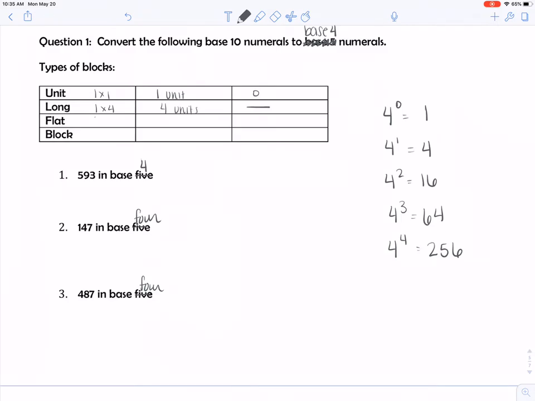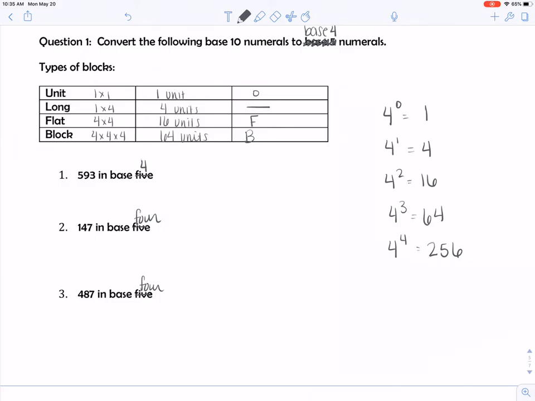The flat block will be 4 by 4 because it's base 4, so I will have 16 units on it. Still abbreviate it the same way. And then the block will be 4 by 4 by 4, which will actually be 64 units, and I still abbreviate it the same way.